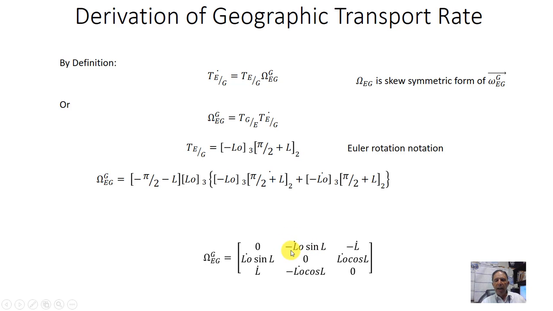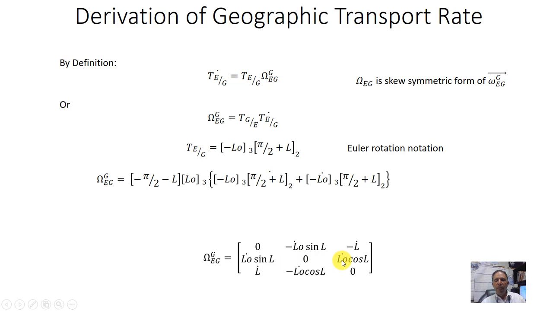The 1,2 element is minus longitude rate times sine latitude, and being skew symmetric, that has to be the negative of the 2,1 element. Similarly, the 1,3 element is minus latitude rate, which has to be the same as the 3,1 element, except for a sign reversal.